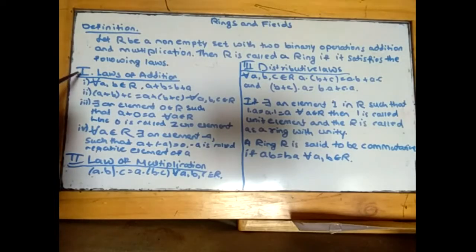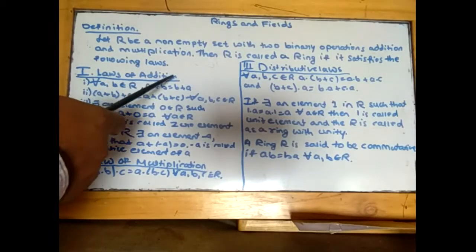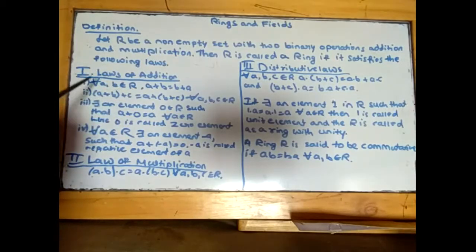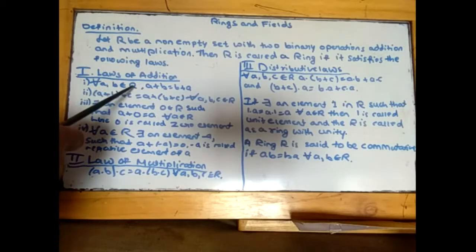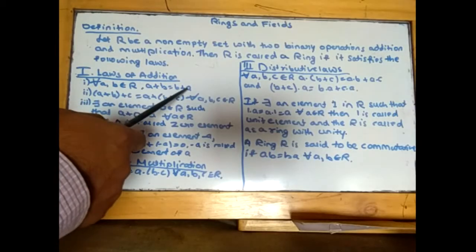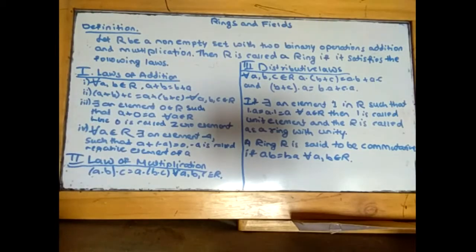The first law is the laws of addition, under which there are sub-laws. First, for all a, b belongs to R, a plus b is equal to b plus a.